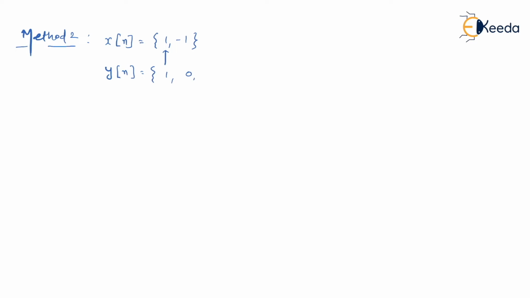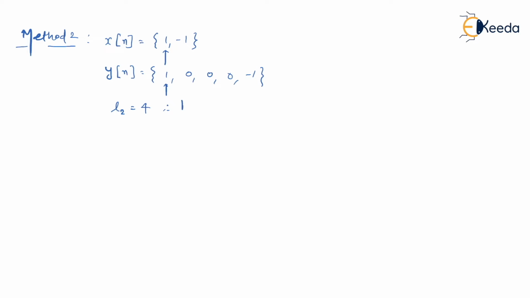It is 1, 0, 0, 0, minus 1. And regarding h of n, we know only one thing, that is the number of elements inside h of n, the length of sequence of h of n, which was 4. So the length of sequence for h of n is known to me, which is 4.